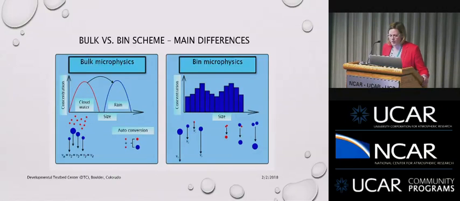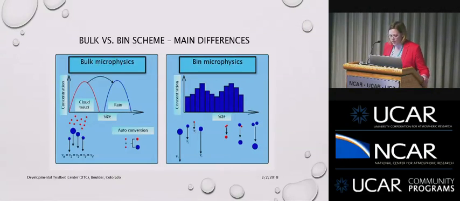Compared with bulk microphysics, there's a second way to describe microphysics in numerical weather prediction models. This is the bin or detailed microphysics scheme. In this case, the whole size distribution is divided into small size intervals, and for all the intervals, the mass and the concentration of the different particles are calculated.